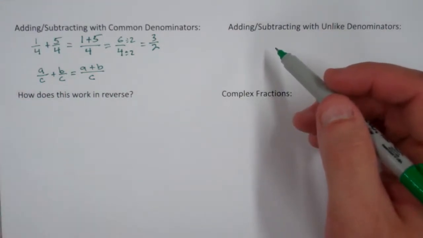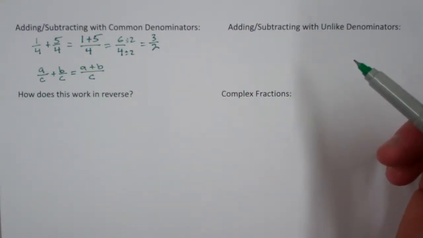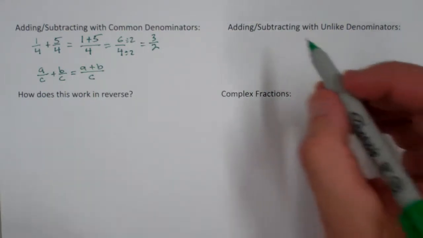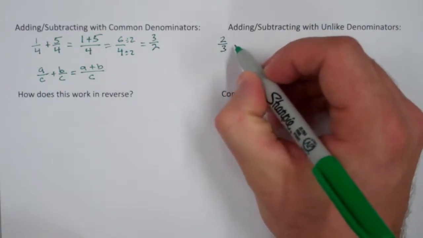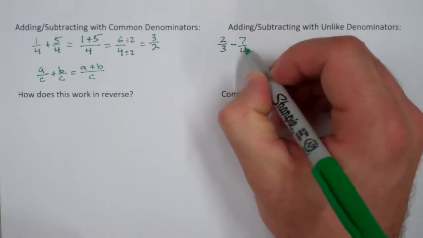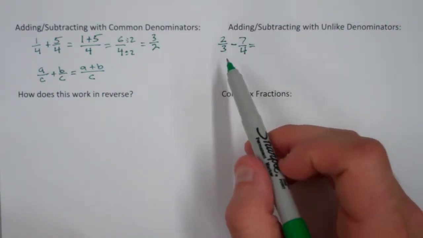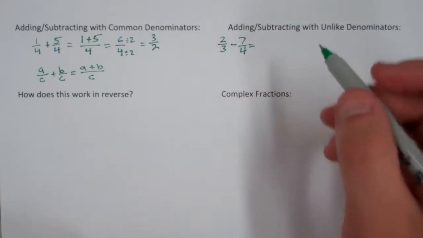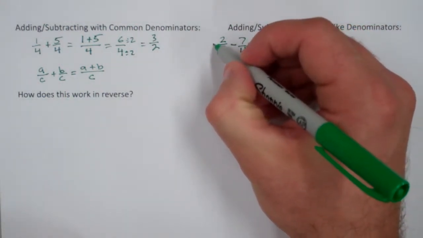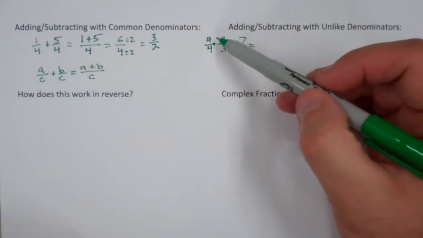When we add or subtract fractions with unlike denominators, so now they're not going to be common, what we need to do is get a common denominator first. So let's think about this example, 2/3 minus 7 over 4. What we need is a common denominator between the 3 and the 4, and what I'm allowed to do is multiply this fraction by any fraction as long as it's 1.